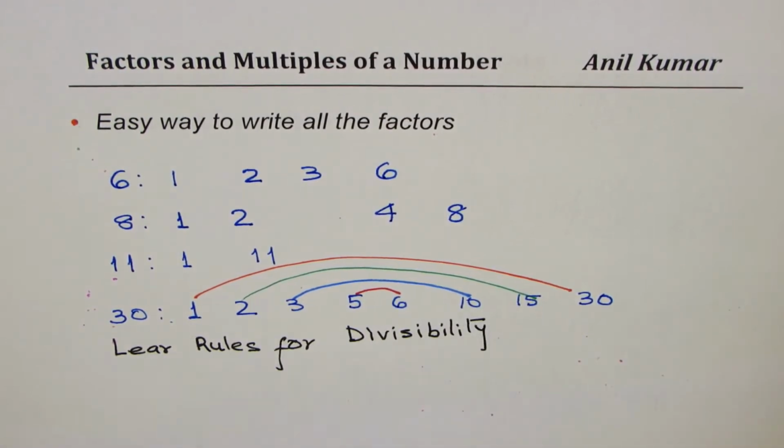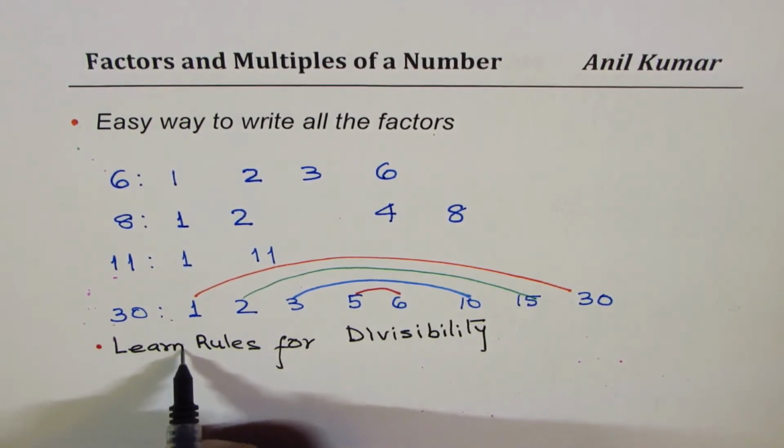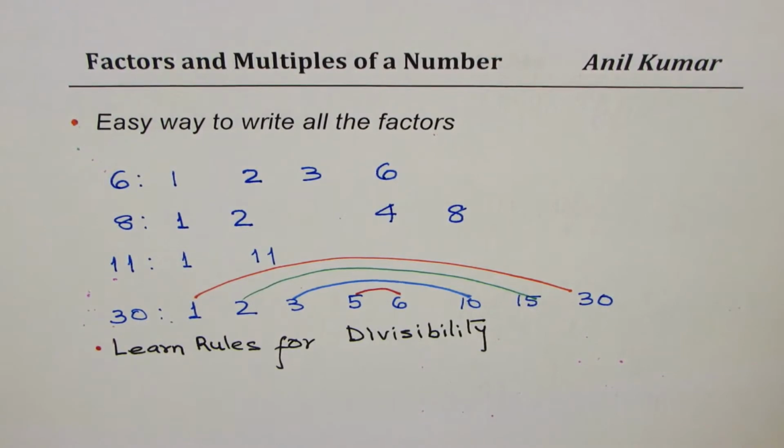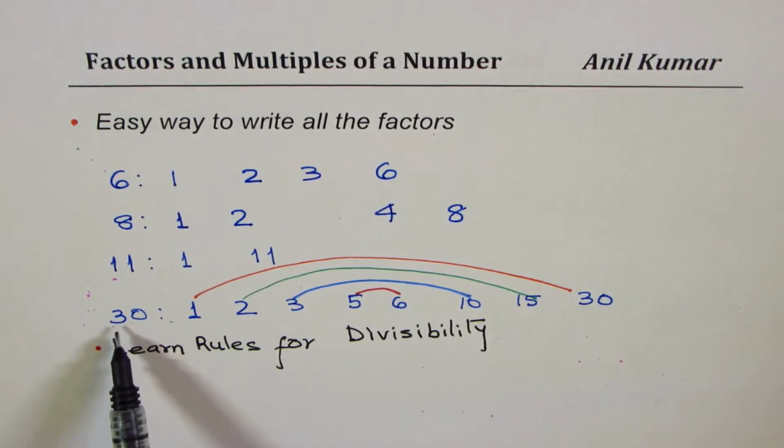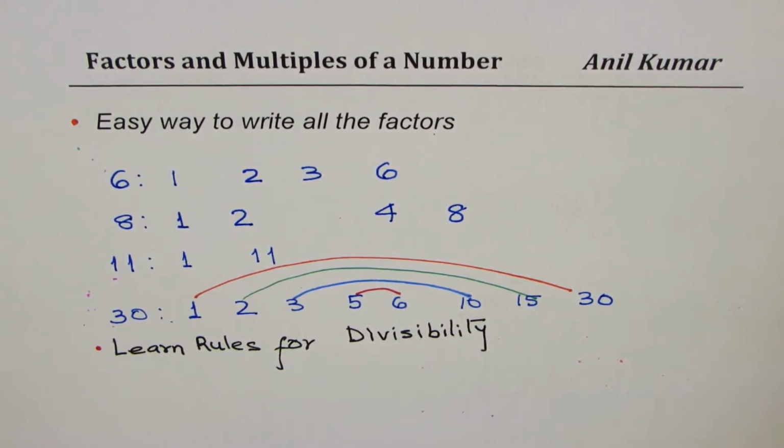There are rules for divisibility which will help you find factors very easily. That could be another topic to explore, correct? As I was saying, if you add the digits and that sum is divisible by 3, then the whole number can be divided by 3. Anyway, you have learned a very effective way of finding all the factors of the number 30.